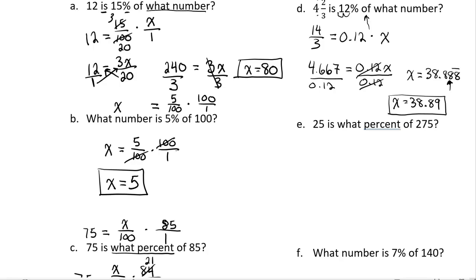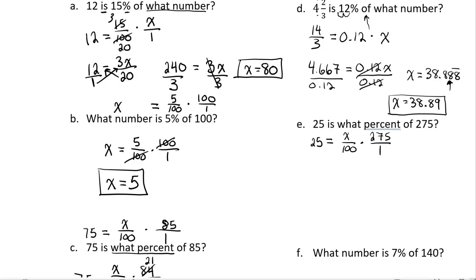All right, so I have 25 is what percent, which is x over 100, of 275, and I'm going to go ahead and put that over 1. All right, let's see. I'm going to cross cancel. So 25 goes into both of those.